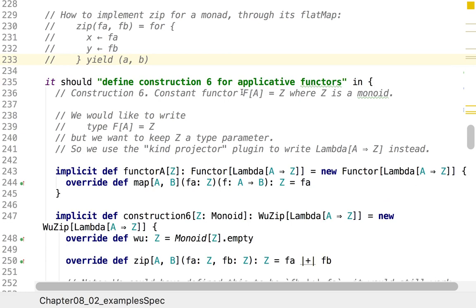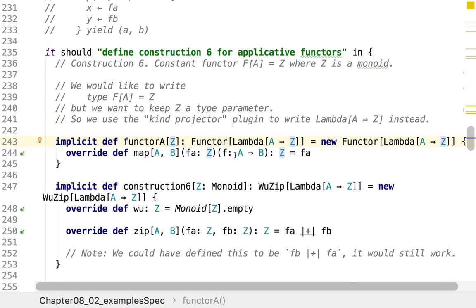So the type constructor is defined like this, and we don't want to define it as a type F because we want to keep this Z as a parameter. So we again use the kind projector and we write this kind of type constructor. A type function that takes type parameter A and returns the type Z independent of A. That's okay, that's quite fine.